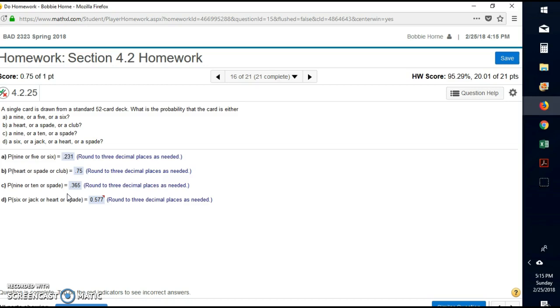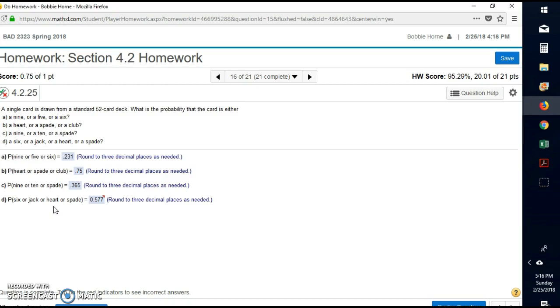So 1/13 plus 1/13. Now hearts. There are 13 hearts out of 52 cards. So 13 divided by 52 would simplify to 1/4. And same thing for spades, 1/4. So we have 1 out of 13 plus 1 out of 13 plus 1 out of 4 plus 1 out of 4.